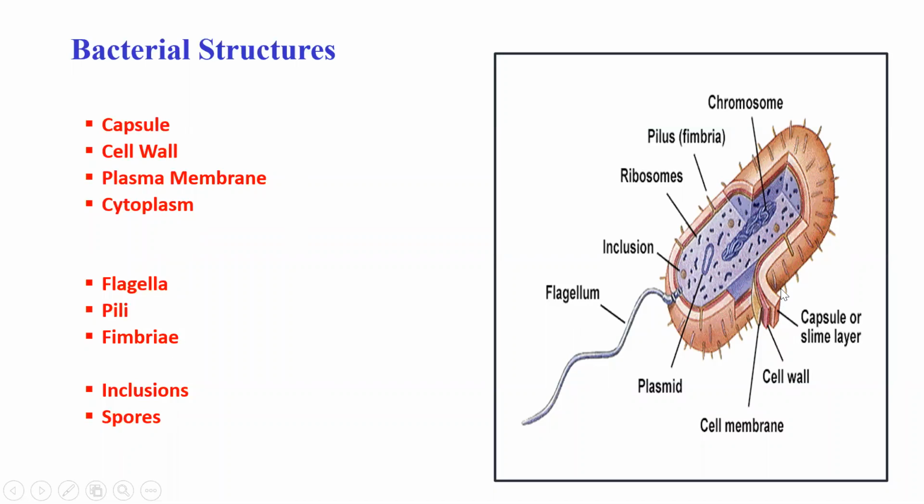Here we can see the capsule, the outermost layer. It's followed by the cell wall, then comes plasma membrane, and inside it remains the cytoplasm, which contains nucleoid, because we know the bacteria are devoid of well-defined nucleus.